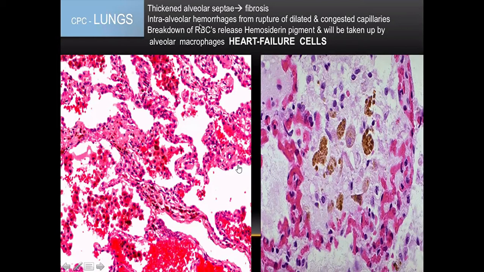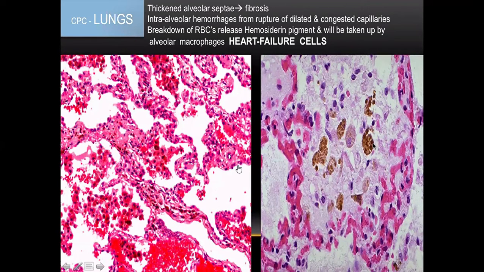So thickened alveolar septae. Then because of the hemorrhage, because of blood going back to the lungs, there will be rupture of dilated and congested capillaries. So syempre, may mga foreign substances na dyan. There will be presence of macrophages. Ang macrophages ay pupunta na dyan. So there will be a brown pigment that they have to ingest.